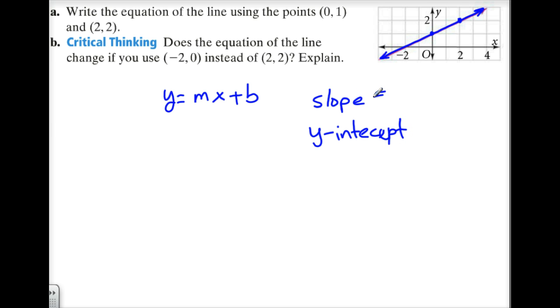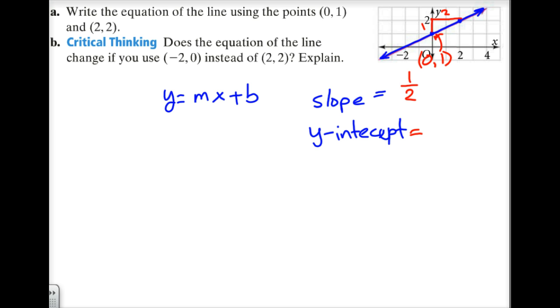So the slope in this case, we're going to use what's called the slope triangle. We're going to go up 1 and to the right 2. So our slope would be 1 over 2. The y-intercept is where it crosses that y-axis, and so that would be at positive 1. That point would be at 0, positive 1.